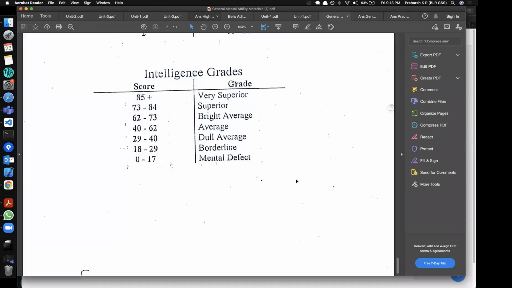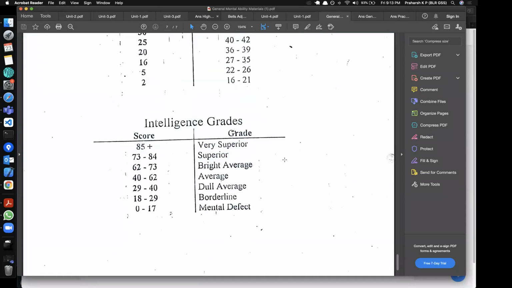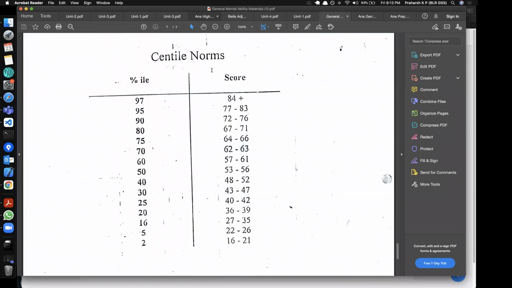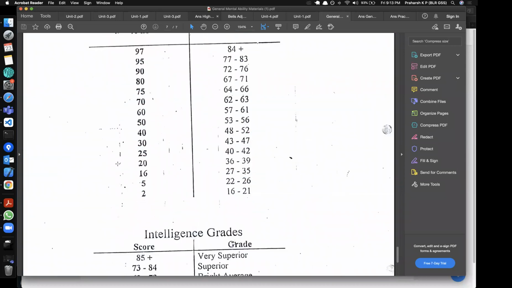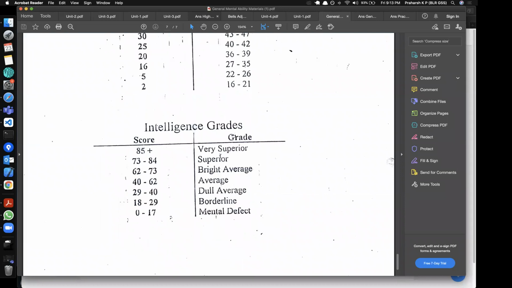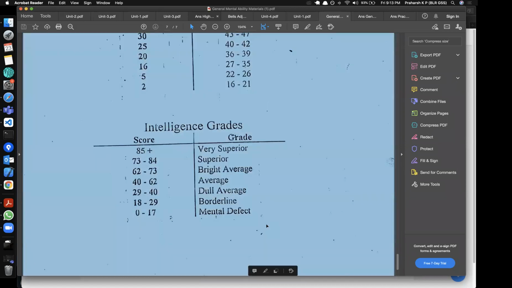Then you also have grades for intelligence. Percentile you have seen, how many people are above you or below you. And intelligence grades, just like that. If your score is 85 plus, you are deemed to be very superior in terms of your grade. If you are someone like me, so 0 to 17, you have a problem.